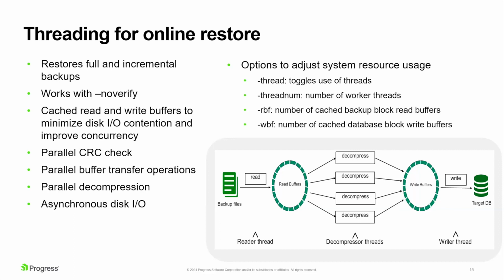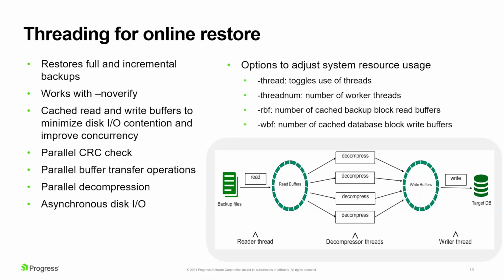We have similar options here on Restore that we had for backup for adjusting your system resource usage. First, you enable or disable it. You can specify the number of worker threads, and then you can also manage the I/O at both ends, where you can have the number of cached backup block read buffers, and you can also specify the number of cached database block write buffers.